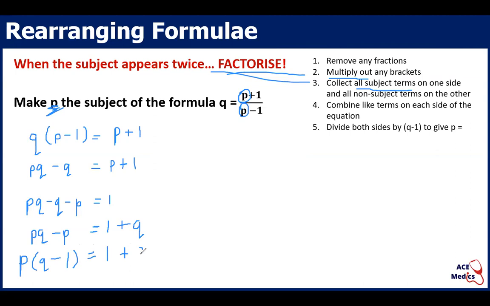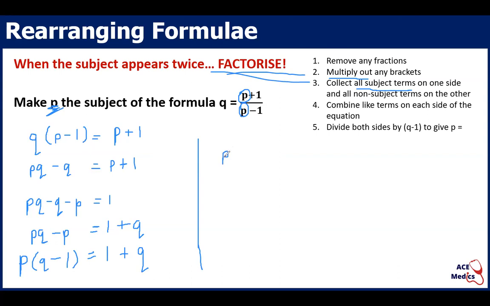Does that make sense to everyone? If you don't understand, please do say. But what we've done is we've factorized it so that P is our common term, which stays on the outside, and then on the inside we're left with Q and then minus 1, because when we expand it, minus 1 times P is minus P. And that helps us by leaving us with just one of the subject that we want.